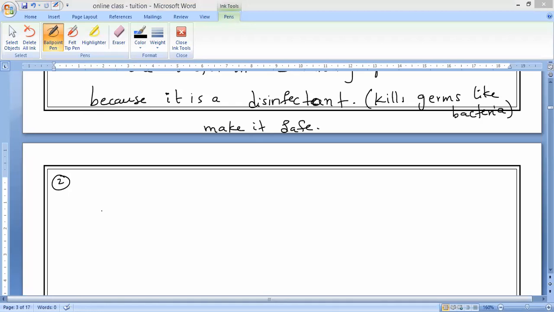Wrong. Bleaching powder is calcium oxychloride. So we use chlorine in the production of bleaching powder.